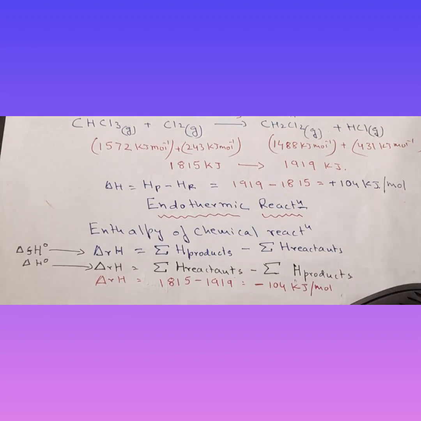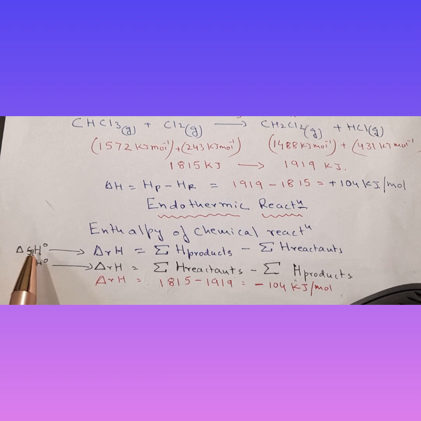Okay guys, now comes the crucial part. I have been talking about delta FH and delta H, that is delta formation enthalpy and delta enthalpy. The 0 stands for standard.